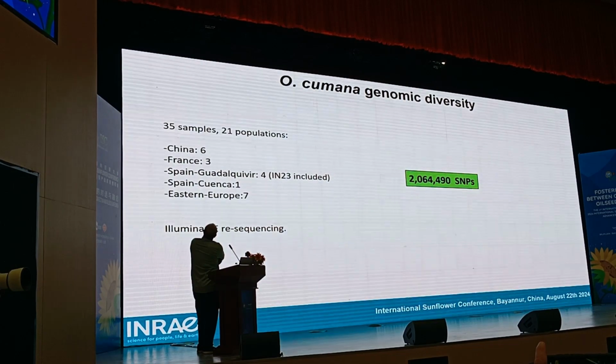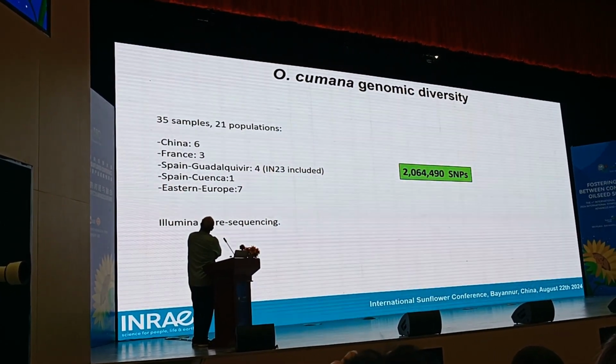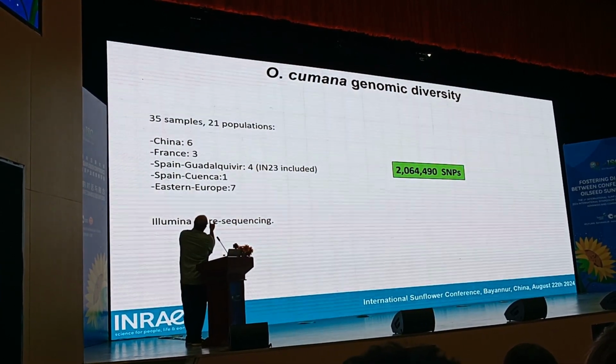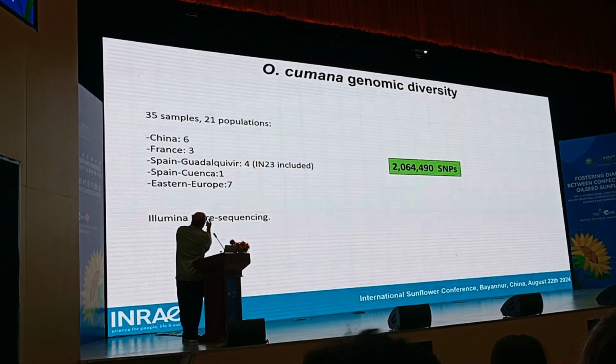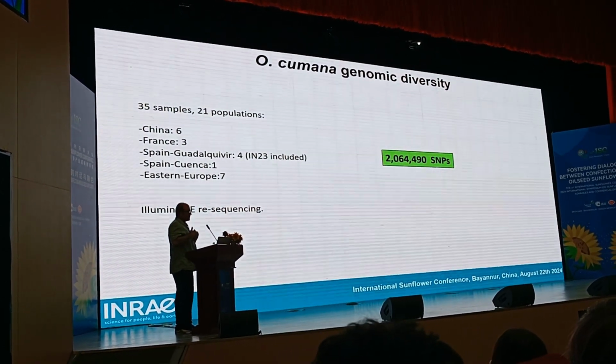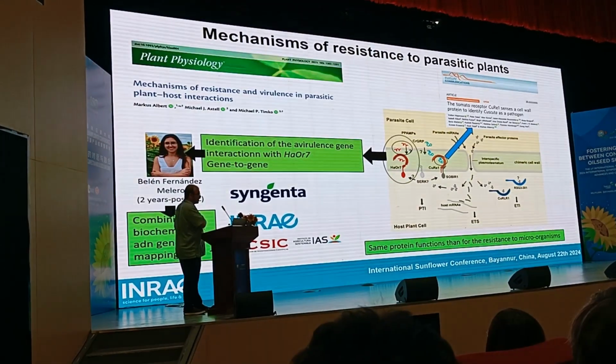So we sequenced 35 samples corresponding to 21 populations, 6 from China, 3 from France, 4 from Spain, IN23 included, just to check false SNPs, and also for the resistance.